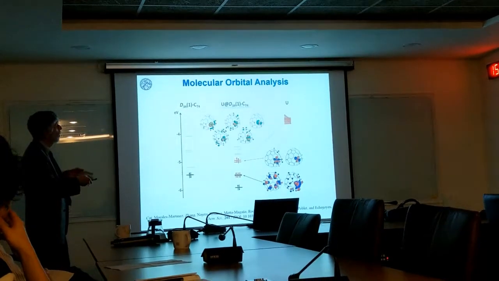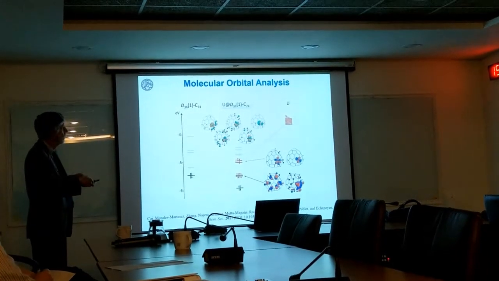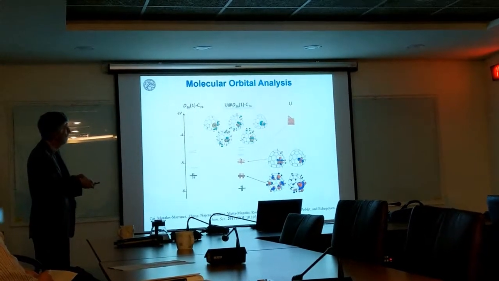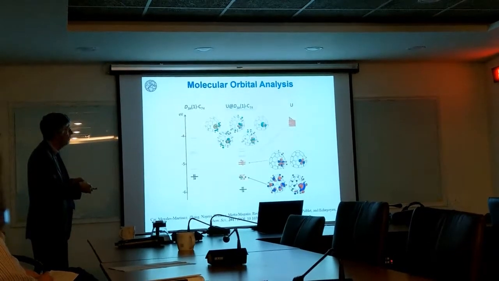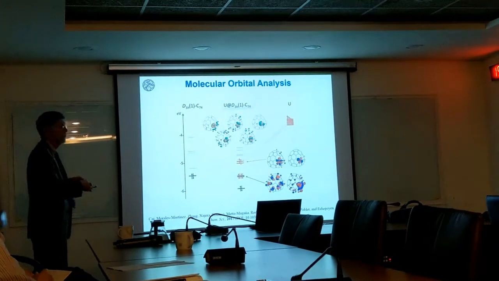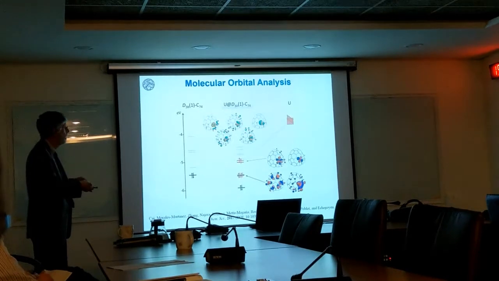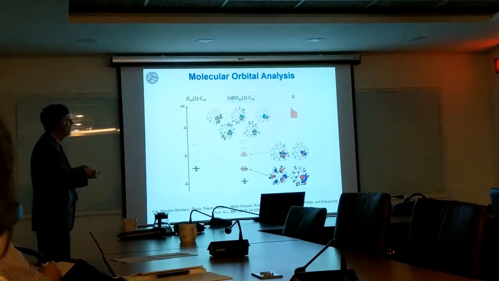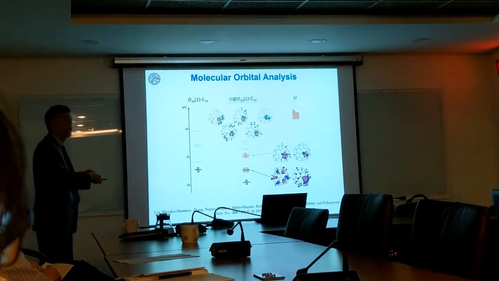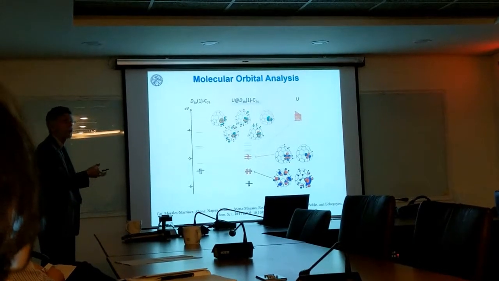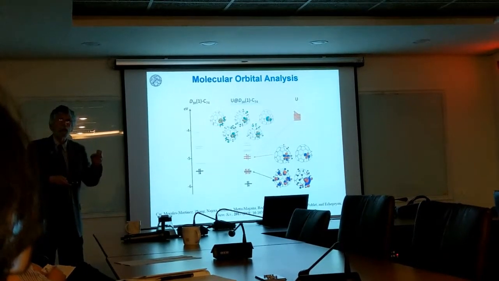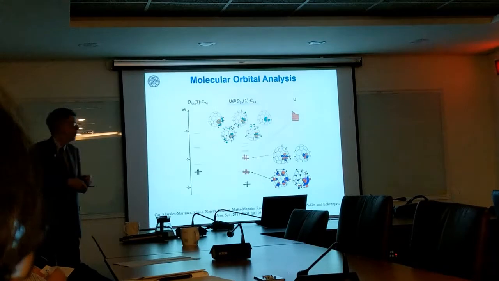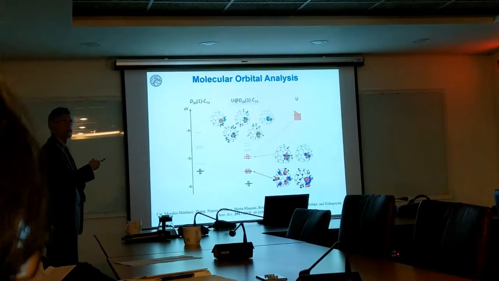So calculations show very clearly here, and I'm going to go very quickly, that of the 6 uranium electrons, you end up with 4 of them that localize pretty much in the molecular orbital of the compound. You end up with pretty much cage-based orbitals occupied by 4 of the electrons. So formally, there is a 4-electron transfer from the uranium to the cage.